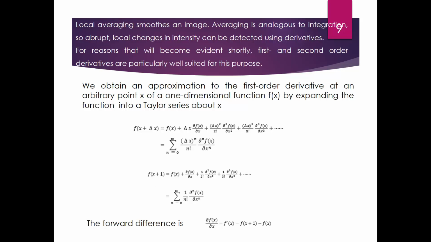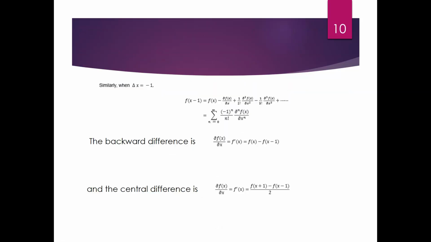Similarly, we can take a backward difference. In place of f(x plus delta x), we write f(x minus delta x), and delta x is 1. So f(x minus 1) can be expressed by this expression.